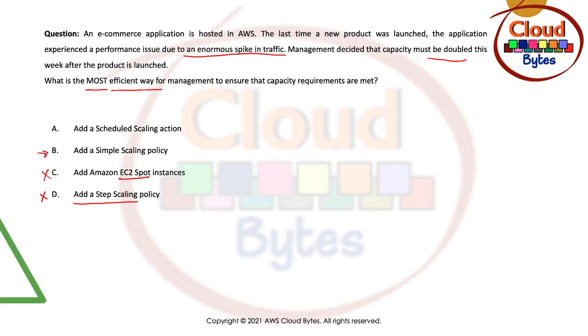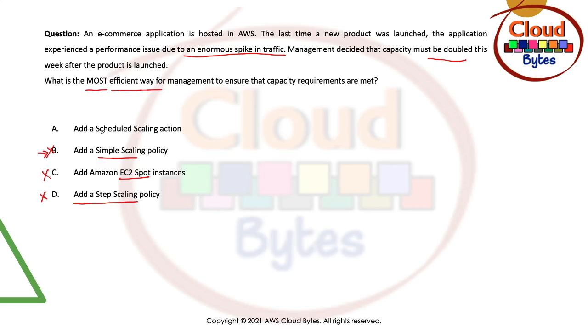There will be a cooldown period before an additional alarm can be handled. So it is again for unpredictable load, but not the most suitable option here. So as of now, I'll put a cross in front of simple scaling.